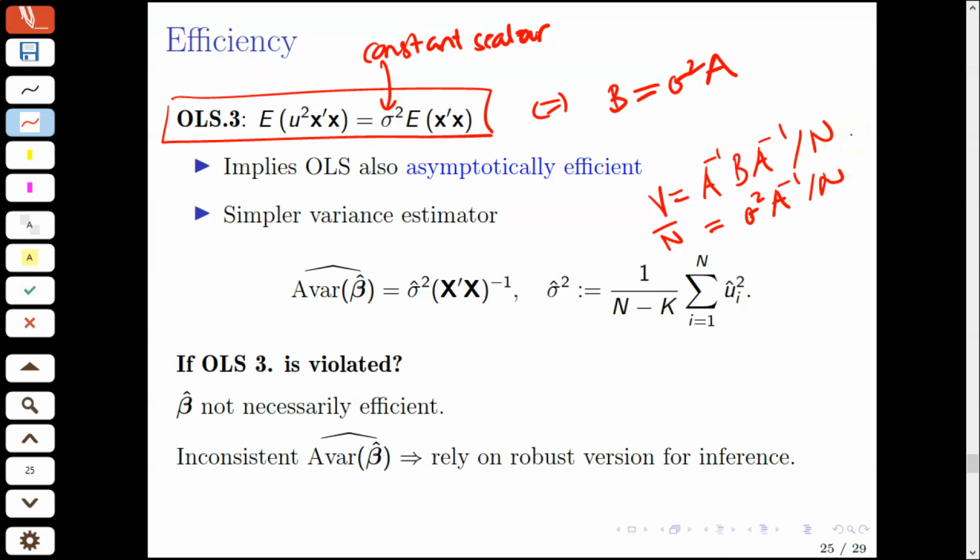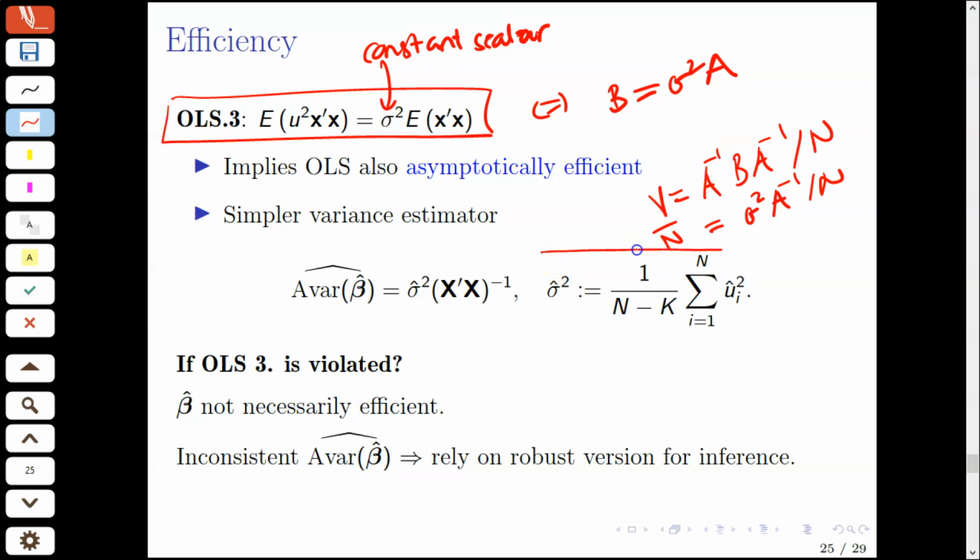Hence it has this neat product form where we only need to estimate sigma squared and A. We've already constructed an estimator of A, which we can use again. So all we need to do is to estimate sigma squared.